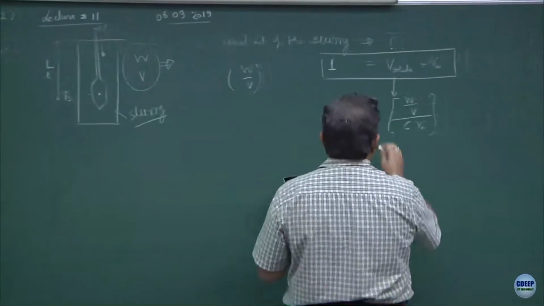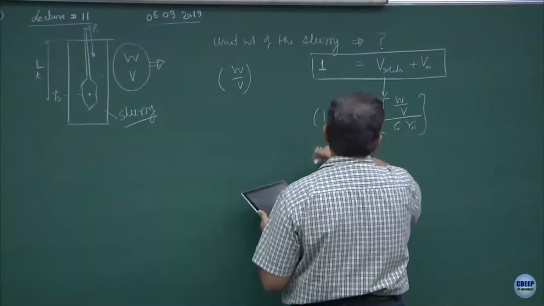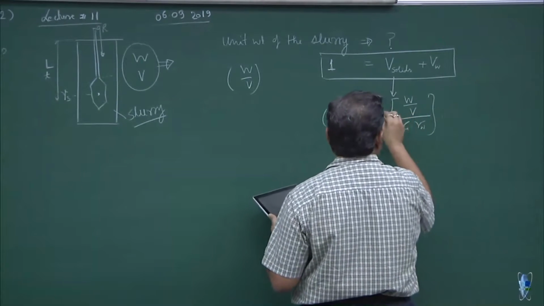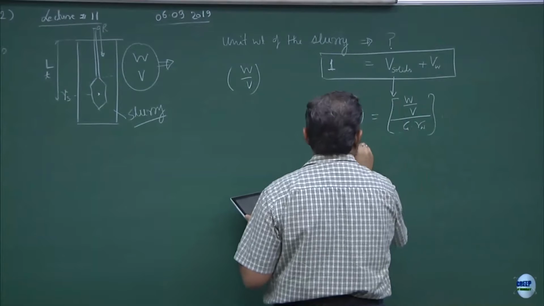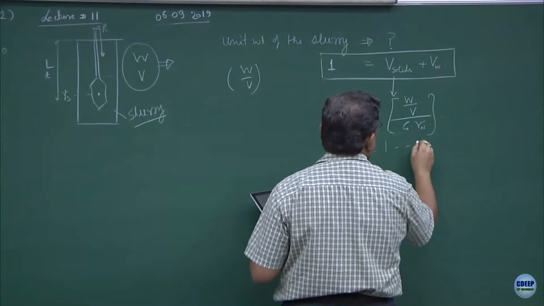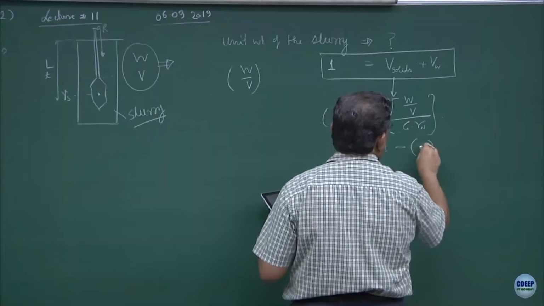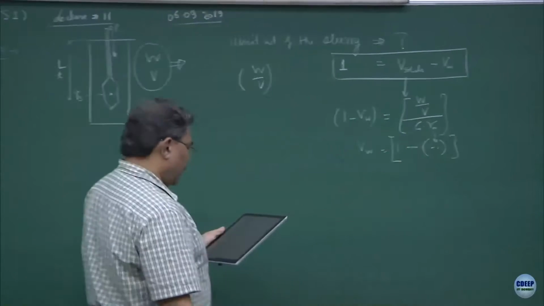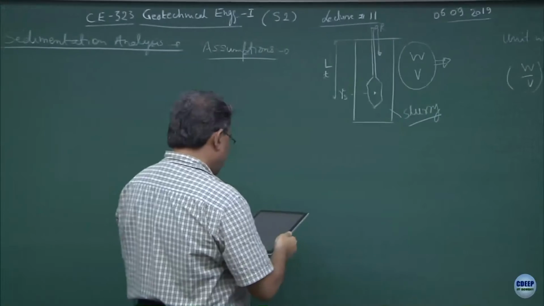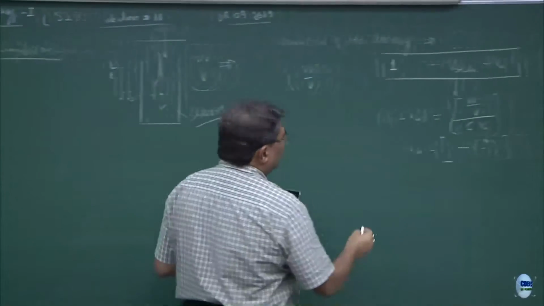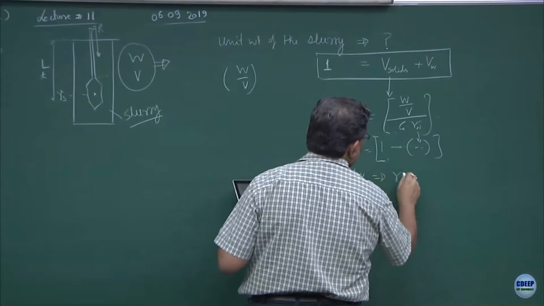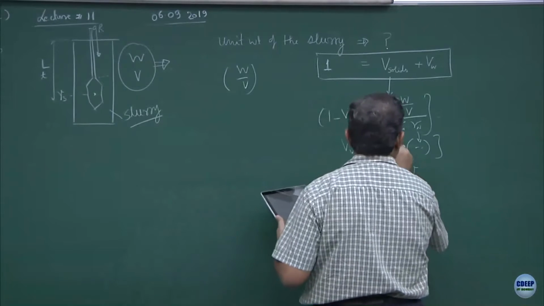So, volume of water I can compute if I take this on this side. So, this will be 1 minus this, and then if you do some computations to compute the weight of the water, what I will have to do? I will have to multiply this by gamma W, this whole term.